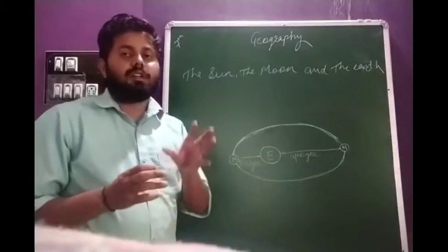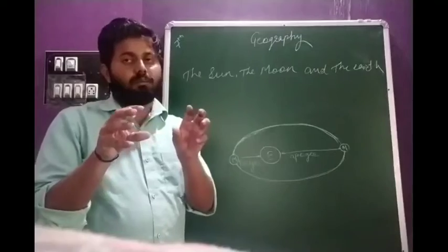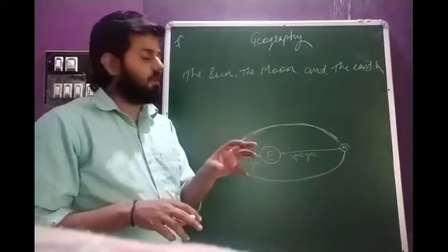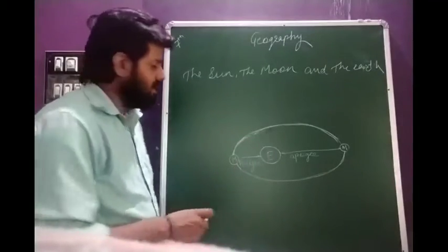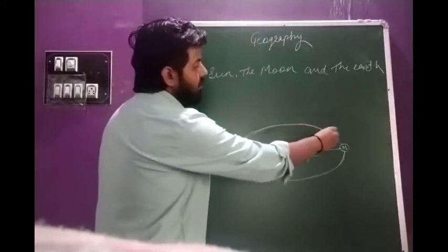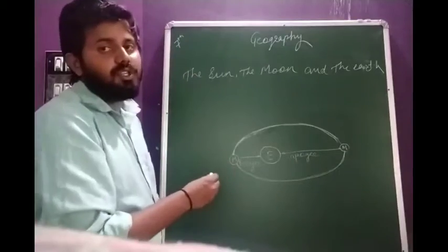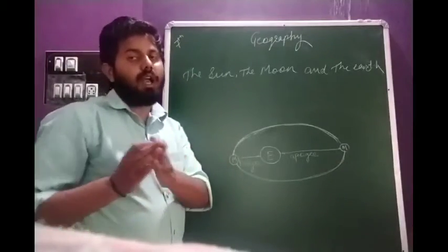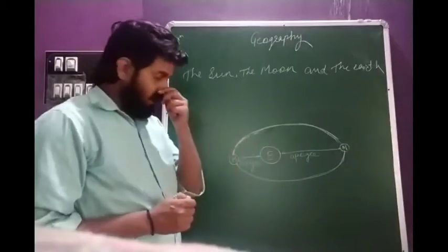So the distance between the Moon and the Earth is not the same everywhere, right? Suppose the Moon is here, then the distance will be different. Moon is there, Moon is there. So at every position the distance between the Moon and the Earth is different.